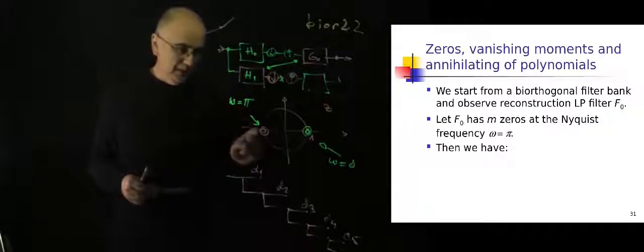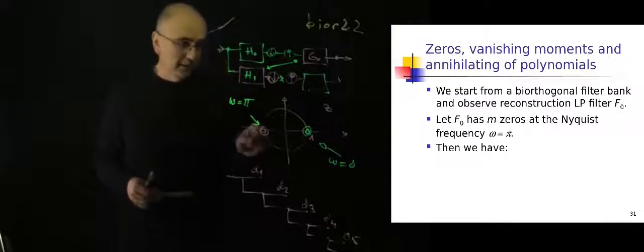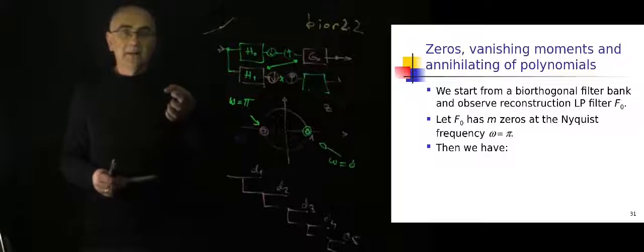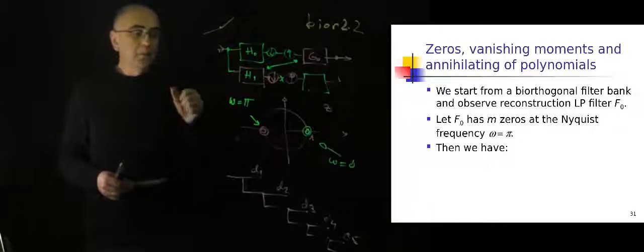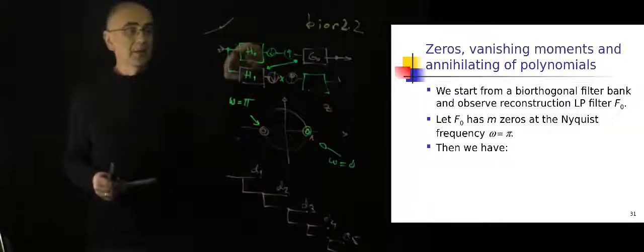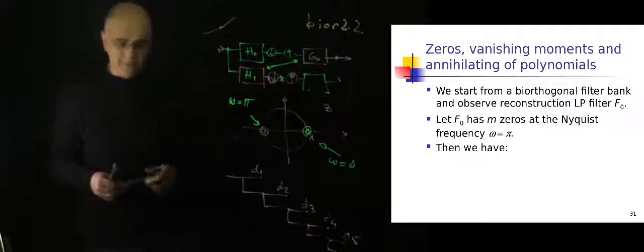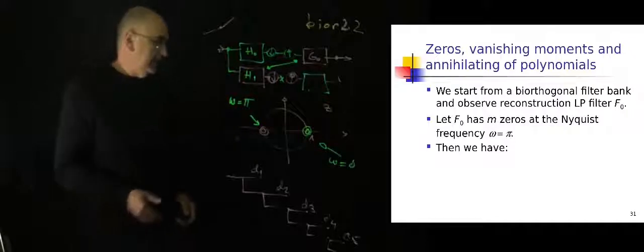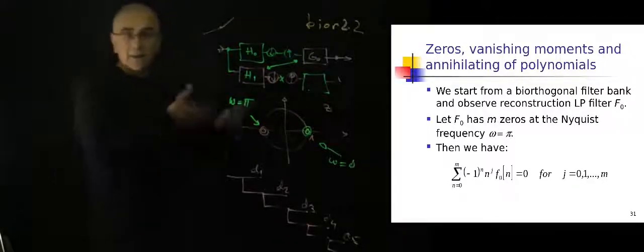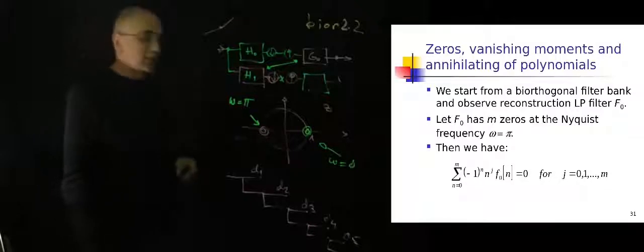So if the filter has a zero at the Nyquist frequency, it means that no signal of that frequency can pass through this filter. The claim is, let's see the claim and then we will prove it on another slide.